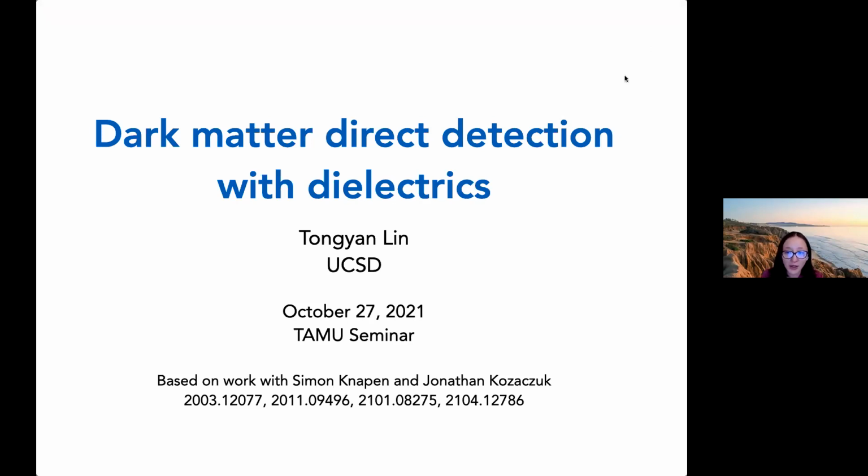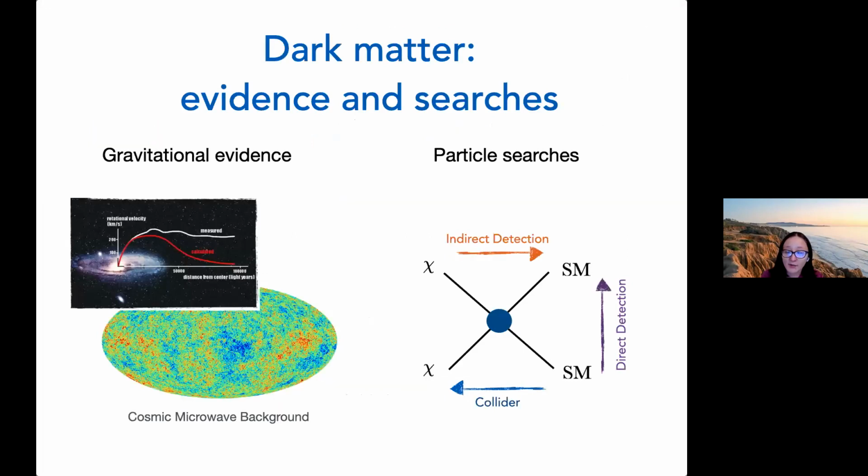So I'll start off with the big picture of dark matter direct detection, at least in some cartoon way. The usual way of presenting it is that we have some gravitational evidence for dark matter from the early universe, rotation curves, CMB.